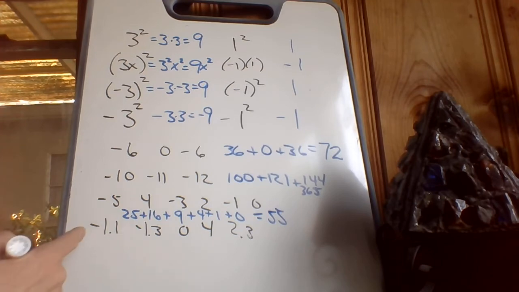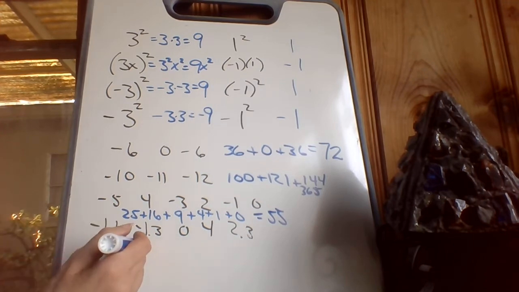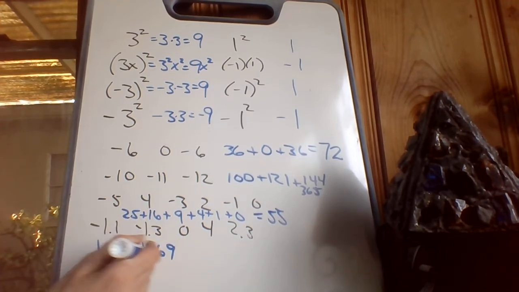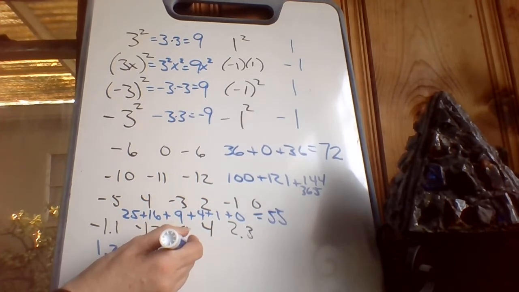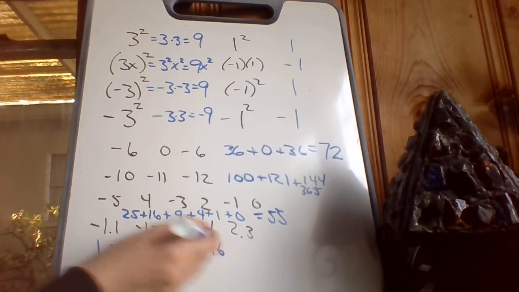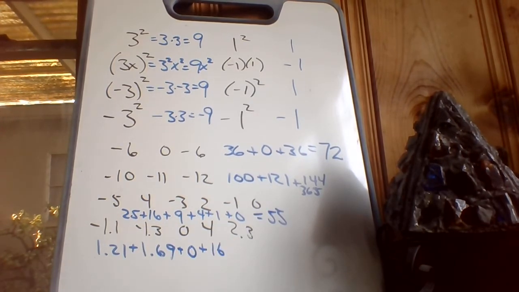All right. Negative 1.1 squared is positive 1.21. Negative 1.3 squared is positive 1.69. 0 is just 0. 4 will be 16. 2.3 squared, 5.29.